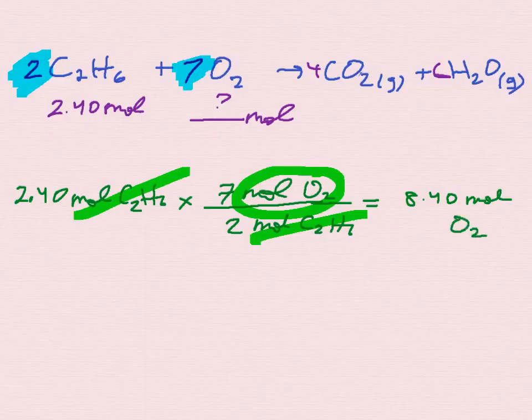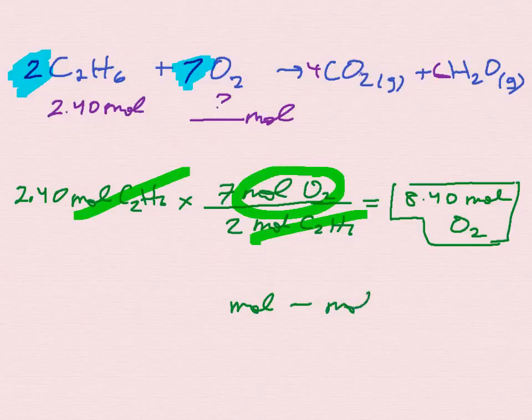And that is reasonable because it's greater than 7. A little bit bigger, and that's going to be the final answer. 3 significant digits, 8.40. This is what we call a mole-to-mole stoichiometry because you're converting from obviously moles of one to moles of the other.